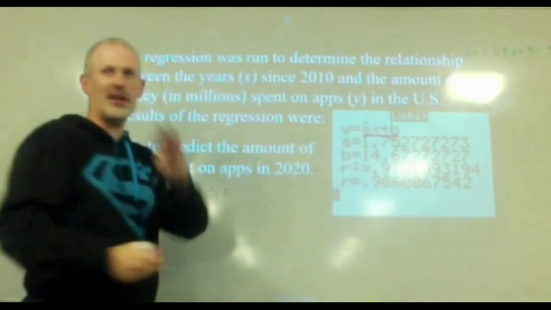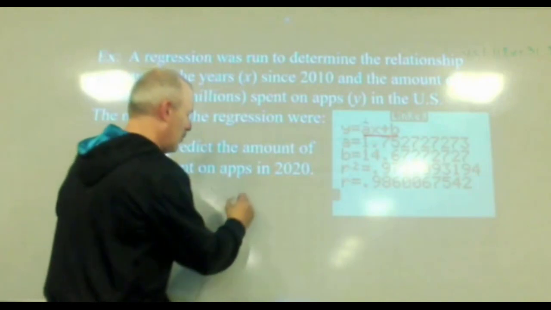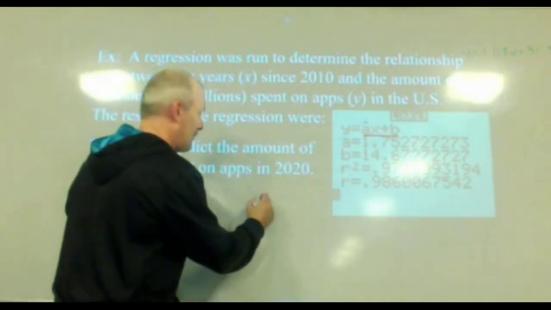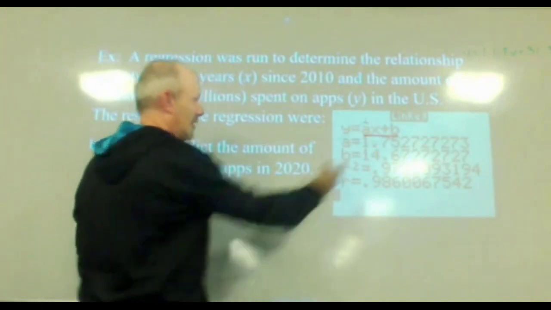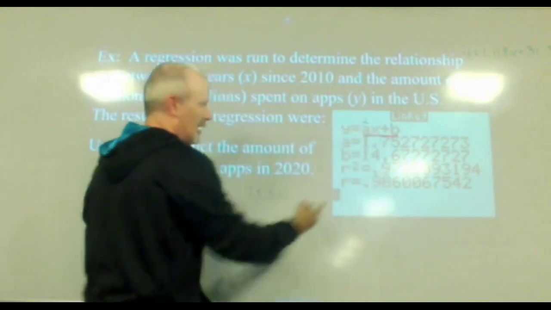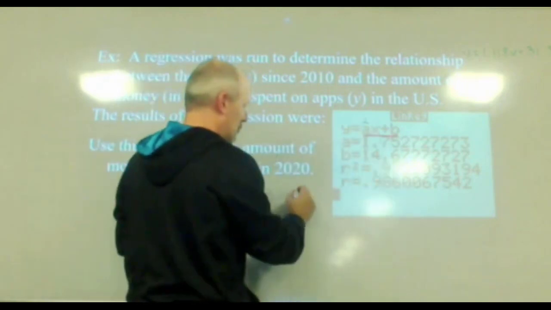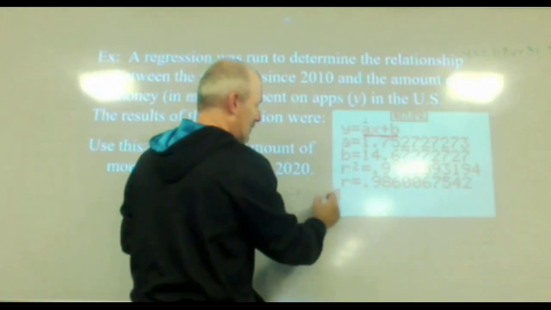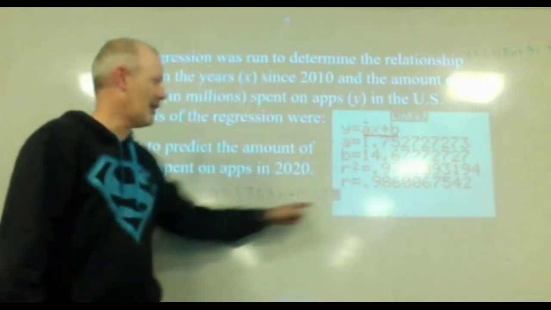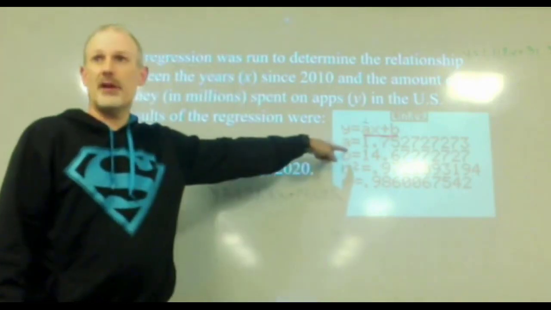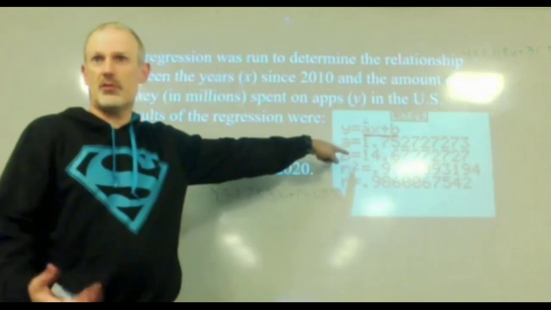We usually do 3 decimal places, so 1.753 if we rounded that off, and then the X. And then the B value, again to 3 decimal places, 14.673.